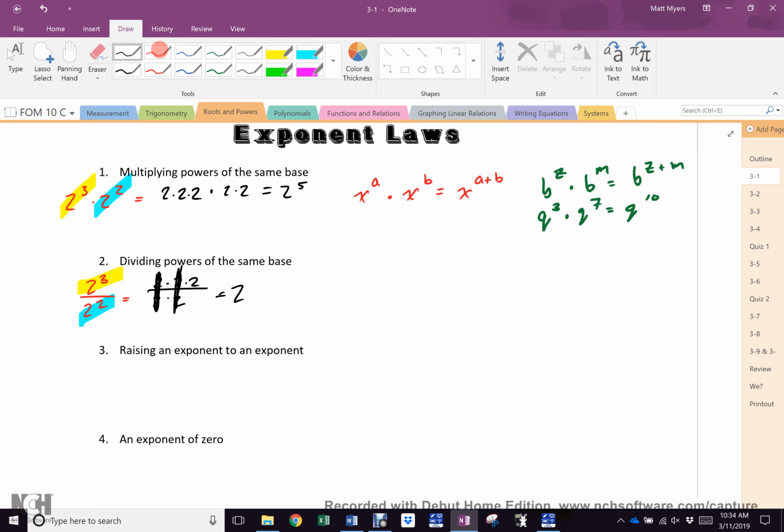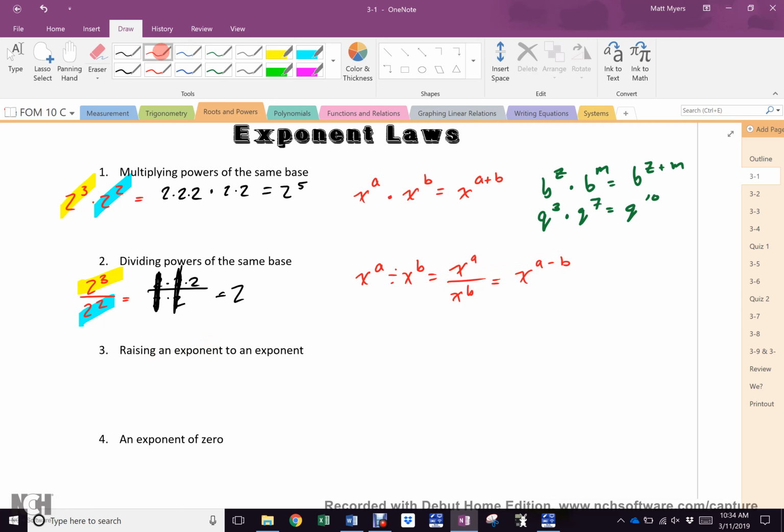Okay? And the shortcut over here is, of course, if I have x to the a divided by x to the b, that's the same as x to the a over x to the b, and that is x to the a minus b. Everyone is good, right? Right? Okay.